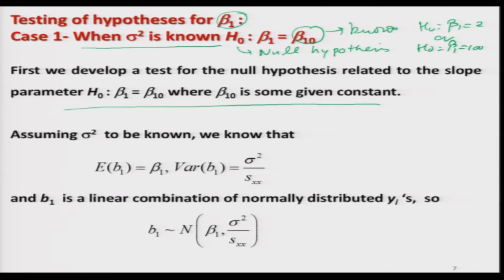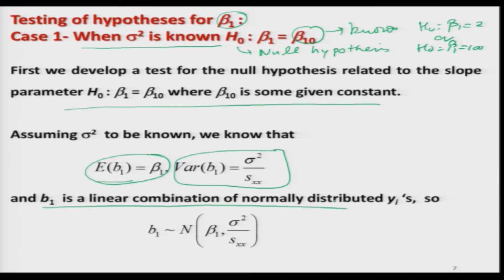Now, if you remember, in the case of ordinary least square estimation, we had already proved that the estimator B 1, the least square estimator for the parameter beta 1, is an unbiased estimator, and its variance was obtained like this. Right. And we also showed that B 1 was a linear combination of y i's.